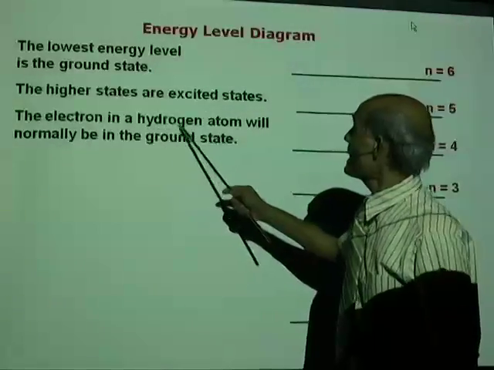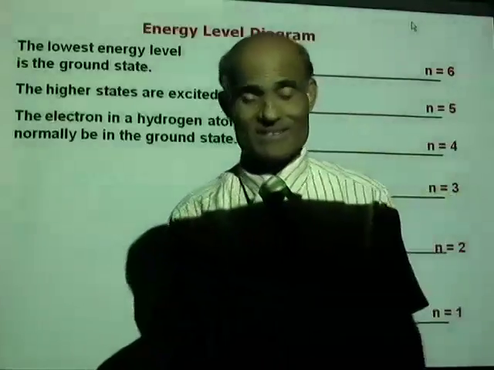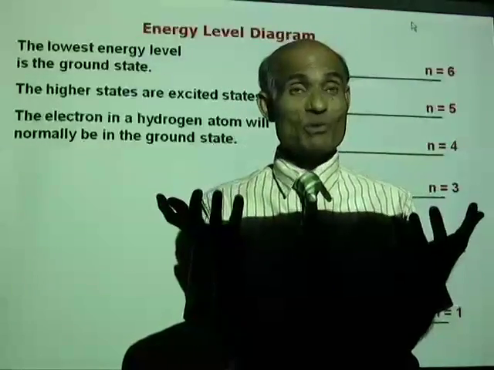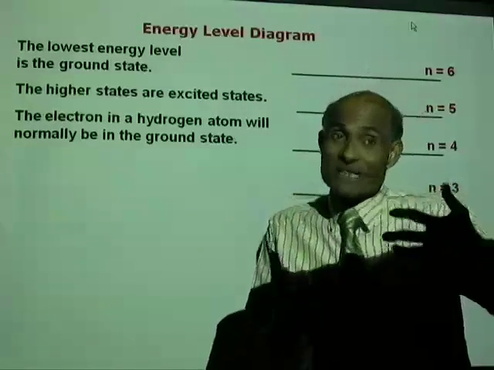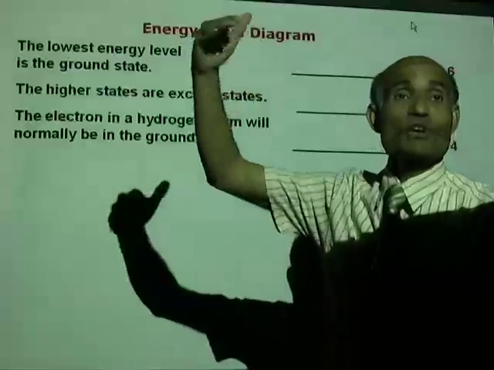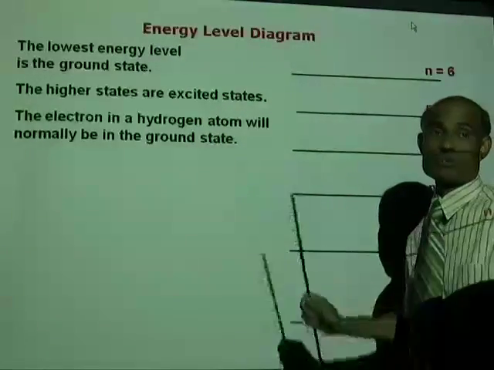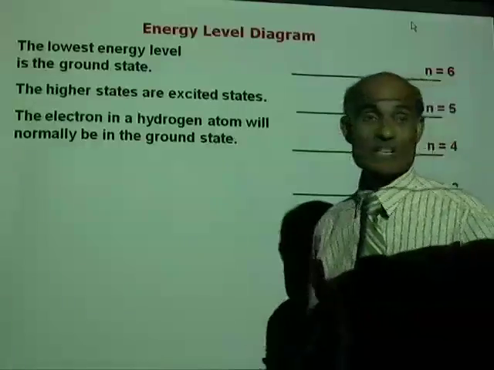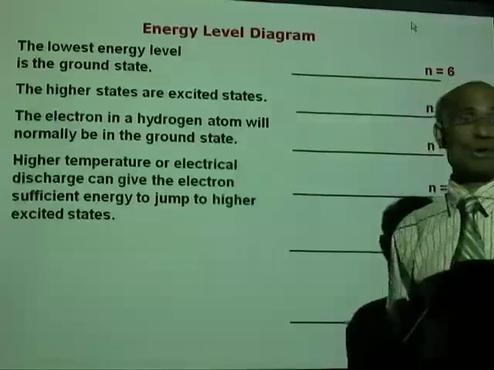So n equal to 1 is the ground state, and then you have the higher excited states. Now, the electron in a hydrogen atom will normally be in the ground state. If the atom is normal, its electron will be on the ground state. If the atom is excited, then the electron can be in any of these higher energy levels. Now remember, all our discussions are based on the hydrogen atom model.